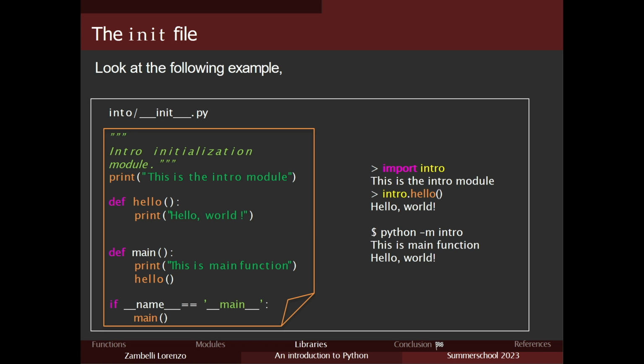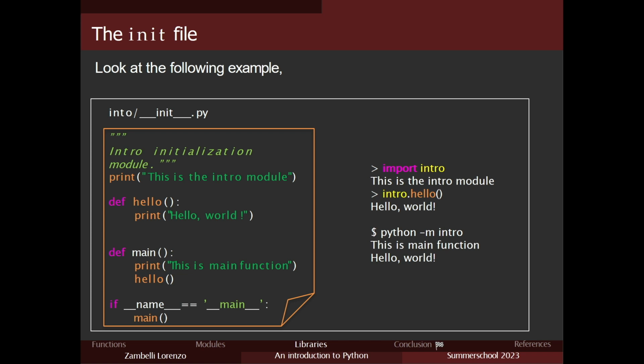Here's an example of the init file. Again, we write the description of it, some functions. We define this file to be the main file, and then we run it. That's our result, as we see on the right. We import the intro package. Indeed, it told us that this is a module.